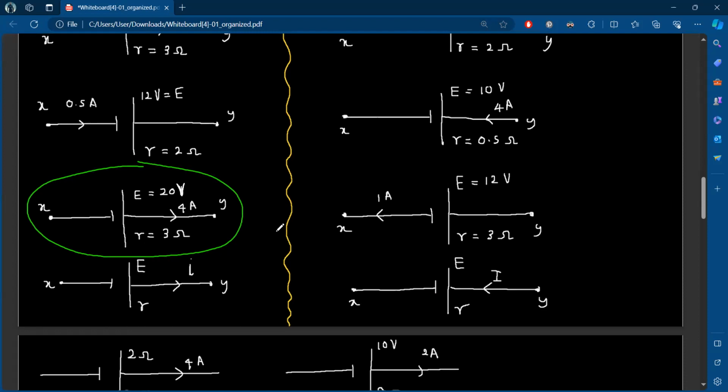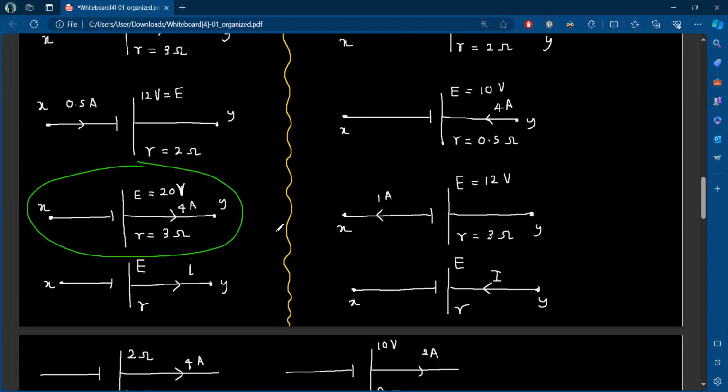Do not use any other concepts. V is equal to 8. Any other answers?